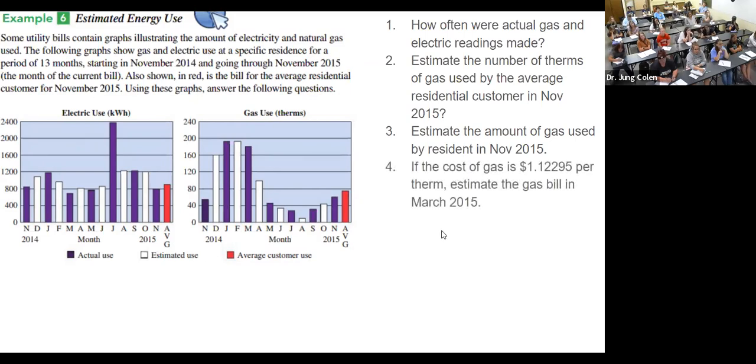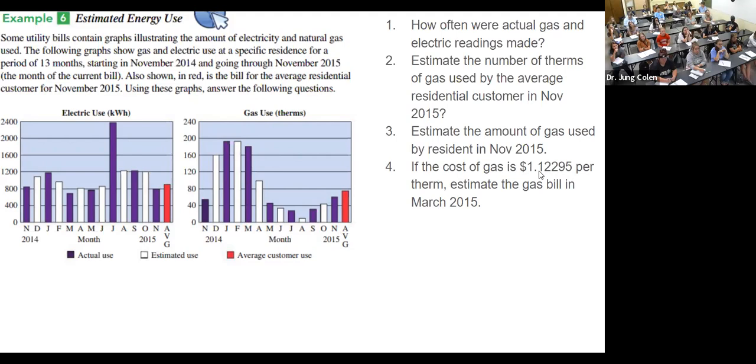How about this one? If the cost of gas is $1.12295 per therm, estimate the gas bill in March 2015. So we need to find where March 2015 is. Which one? This one? Because this is November, December, January, February, March, right? So March 2015. How many therms? About 180? You guys agree? Because it's in between 160 and 200.